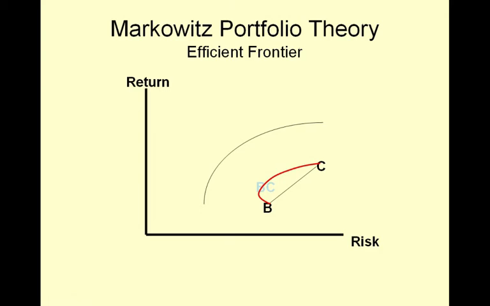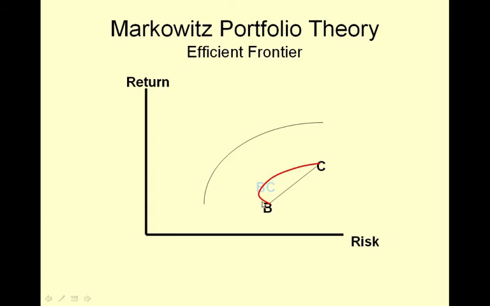Because of the negative correlation of returns for investments B and C, we can generally get a better result by some combination of B and C than we can get by putting all of our money in B or in C. Specifically, we can get a higher return for a given level of risk by some combination of B and C, or we can get the same return for a lower level of risk.